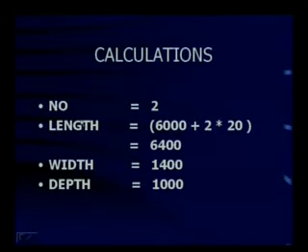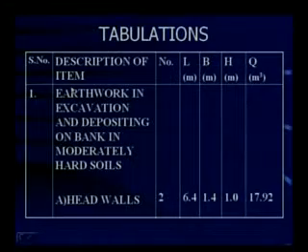As soon as we calculate from the plan and elevation, we need to tabulate them. Tabulate them means you have to make these postings in a tabular form so that it would be convenient for us to make calculations of the quantities. Now this is how a table looks. In any table related to estimation, you have a column.